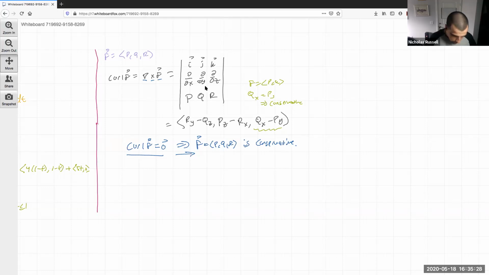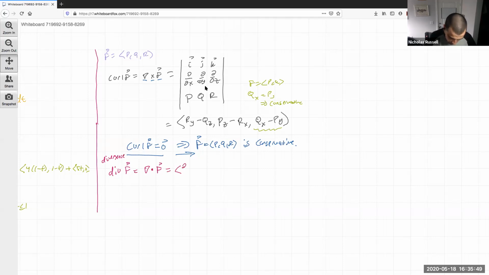So with that in mind, we can then talk about one other thing that is of pretty big importance, which is called the divergence of F. We sometimes write this as div F, or sometimes write this as the dot product with the gradient. And this is the divergence here.